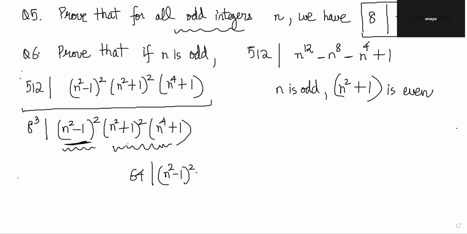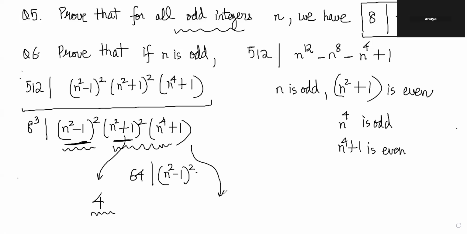So if this is an even number, when you square it, it will be divisible by 4. And similarly, n power 4 is odd, so n power 4 plus 1 is even. So there will be another divisibility by 2 coming from here, right? So overall, the product will be divisible by 4 into 2, 8.